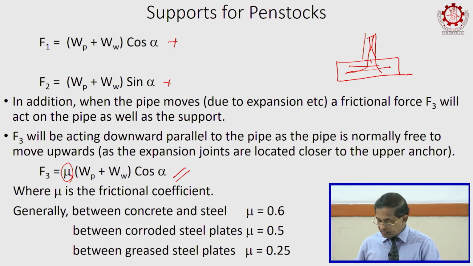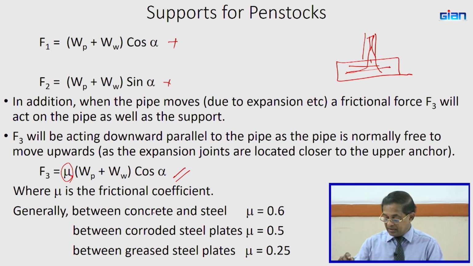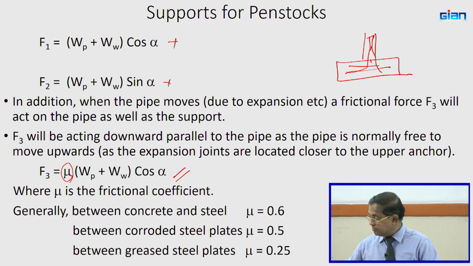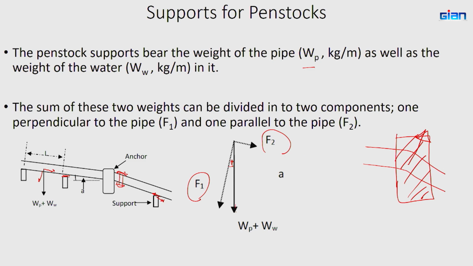Right. So, there are different friction coefficients. If the penstock is kept on a steel sheet, and you put some grease on the steel, it can be different, or you can put nitrile rubber or something, then it will be different, and so on. The friction coefficient will be different.